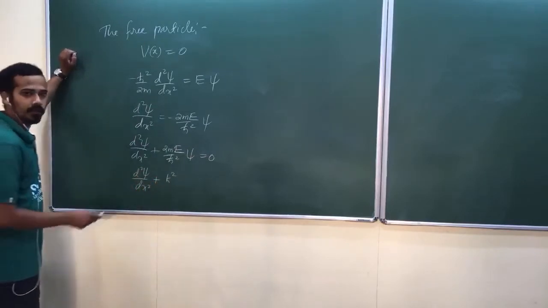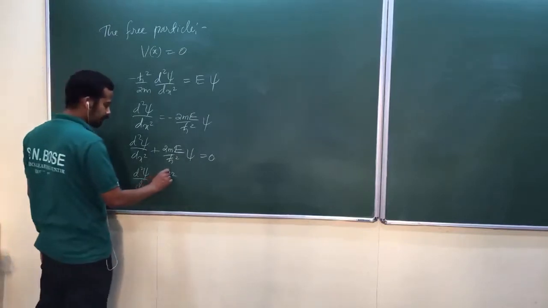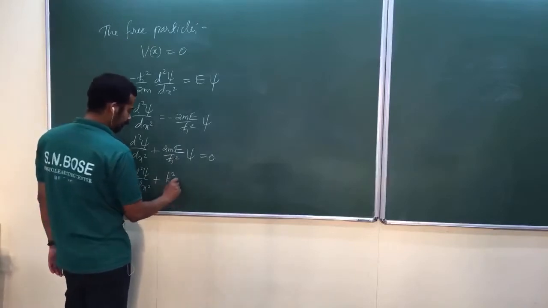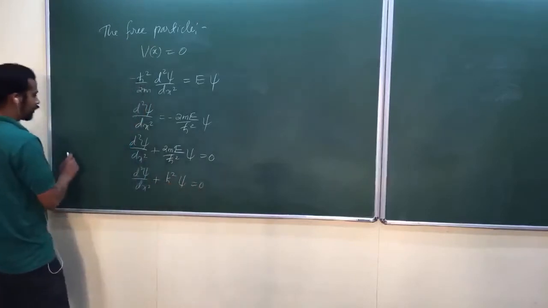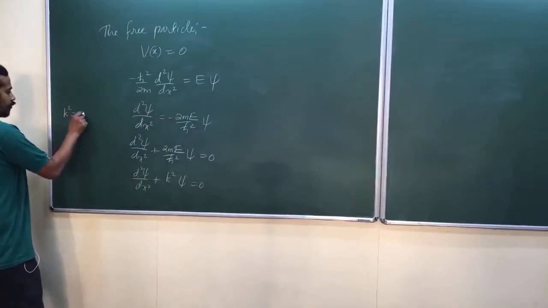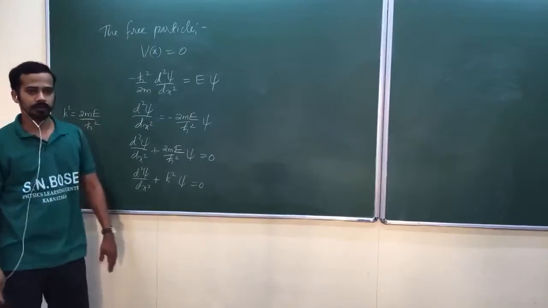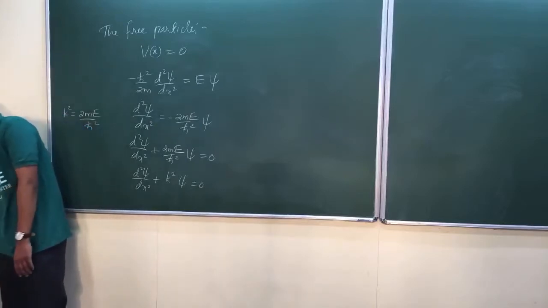Not kappa; earlier I used the symbol kappa, now let me use the symbol k here. What is k now? k square is equal to 2mE by h bar square.